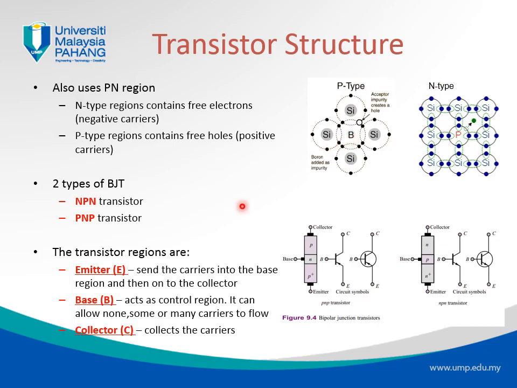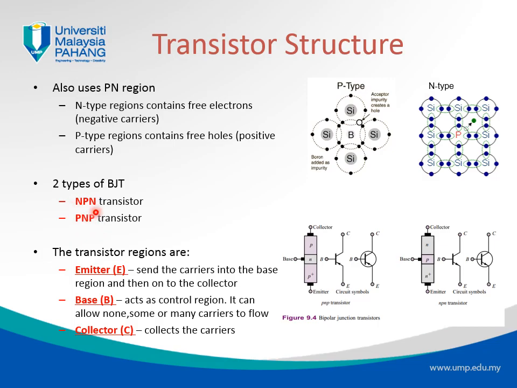So how does this work for a transistor? Well, instead of having just two regions, P and N, just like in the diode, we will have three regions. And depending on how we arrange those P and N regions, we'll have two types of transistors: the NPN transistor and the PNP transistor. It speaks for itself.